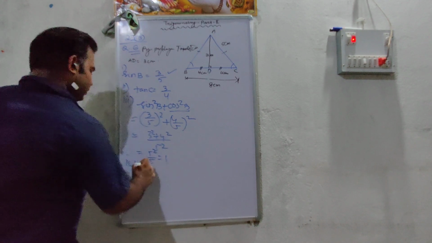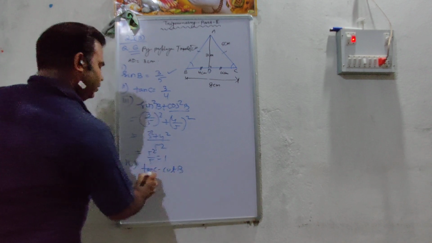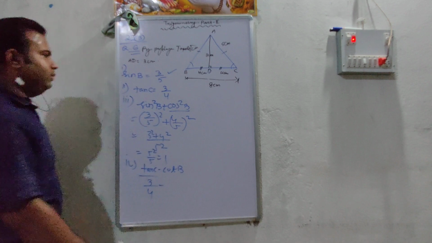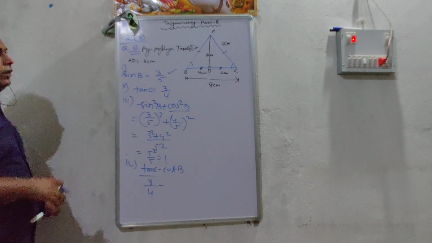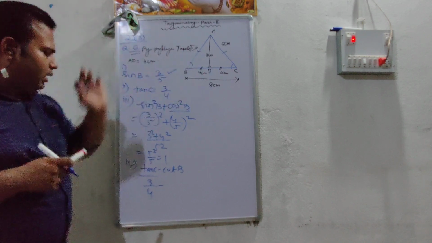And lastly, tan C minus cot B. You have the value of tan C here, 3 by 4. What is cot B? Cot B for this angle is base by perpendicular, 4 by 3.